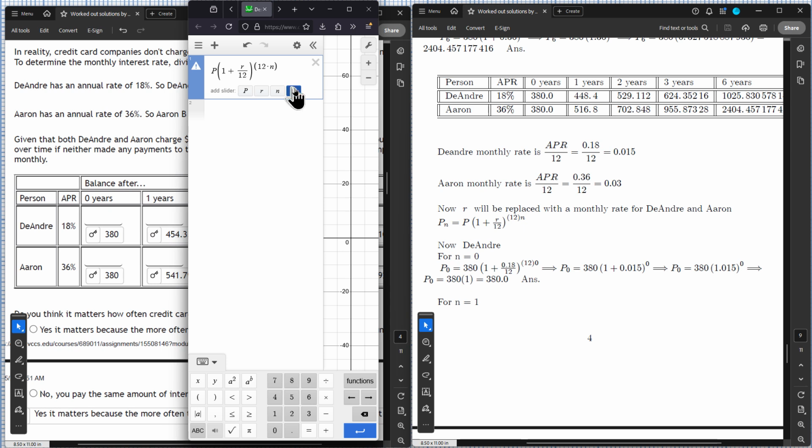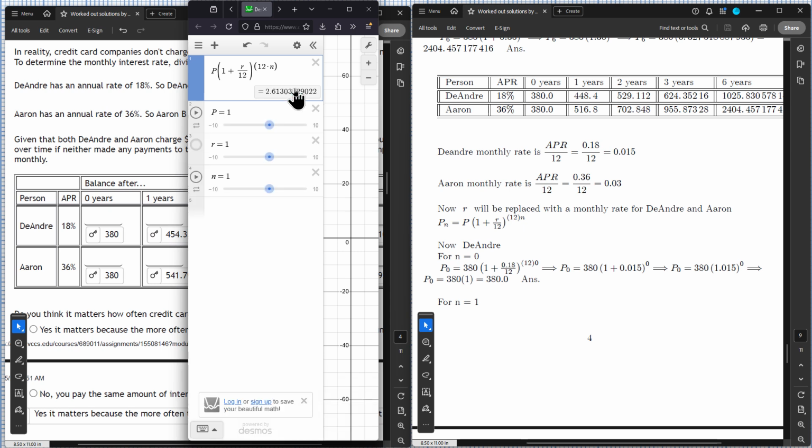And I want sliders for all. So P is 380.